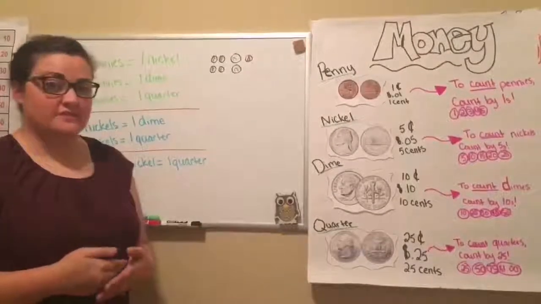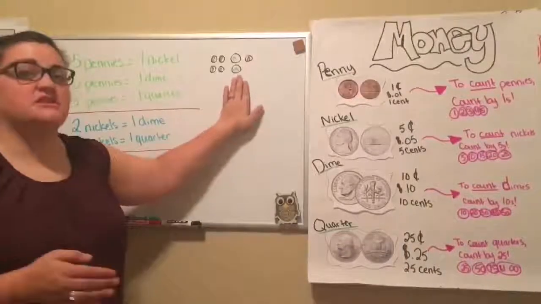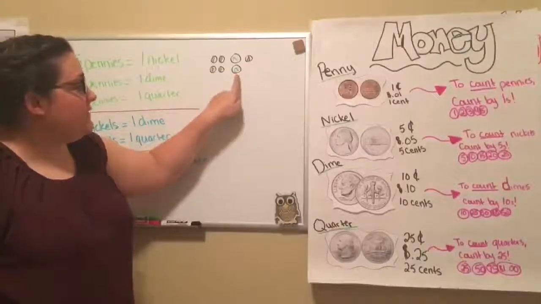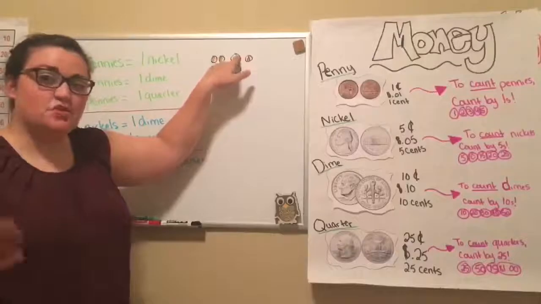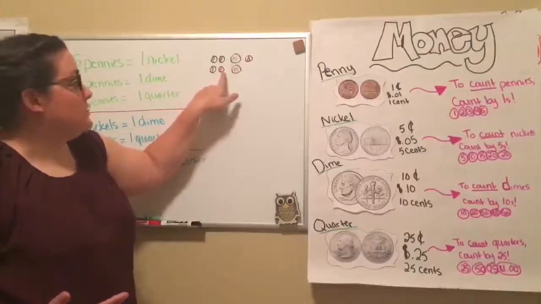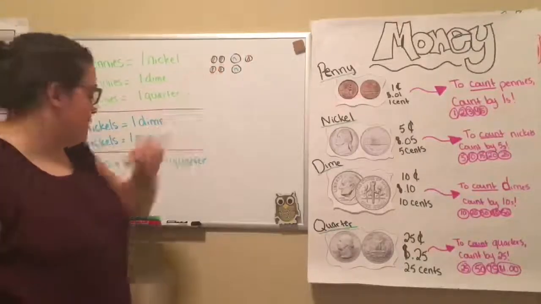So we'll start counting with 10. And the next is our nickel, which equals 5 cents. So it's 10, 15, 20. So now we're up to 20 cents. Then we make that 21, 22, 23, 24.